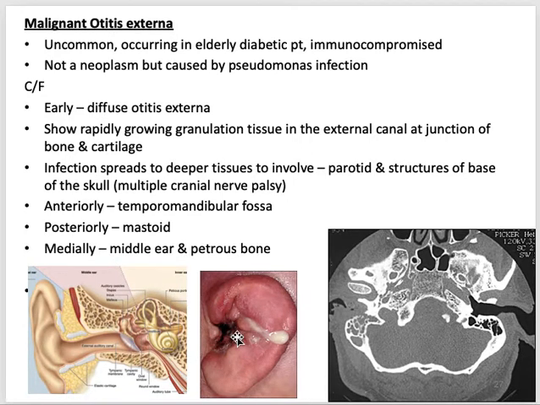And this infection basically can spread to the skull base. Anteriorly, the infection can spread into the temporomandibular fossa, and posteriorly it can go to the mastoid air cells. And medially, this infection can spread into the middle ear.